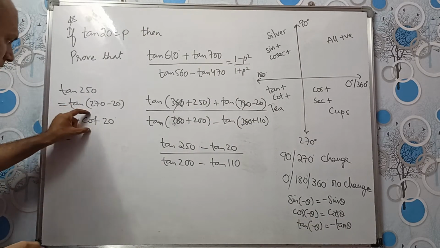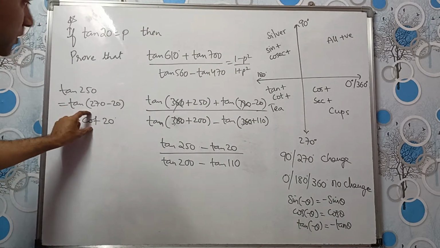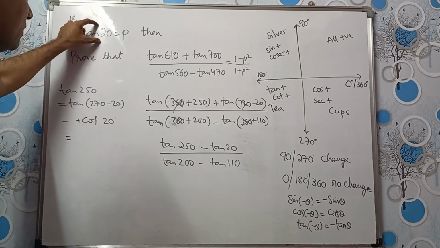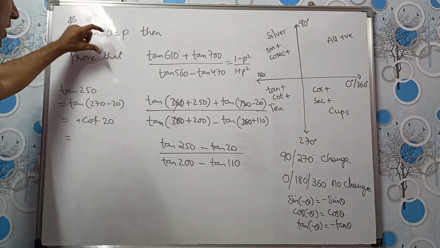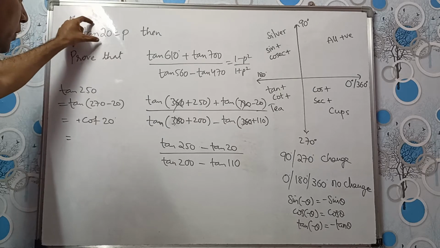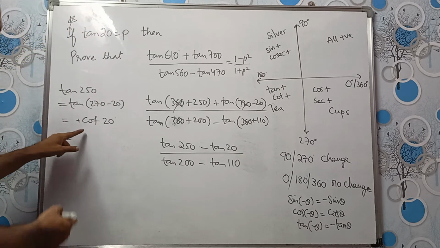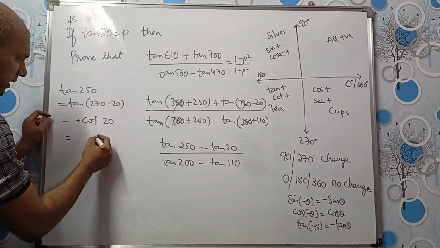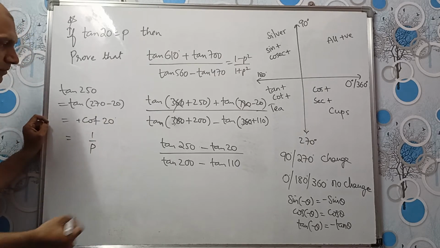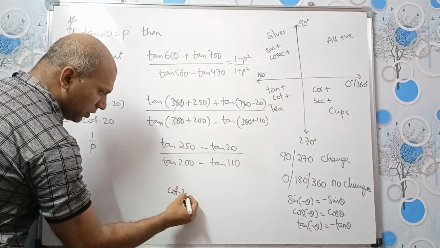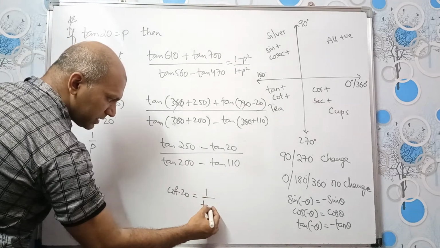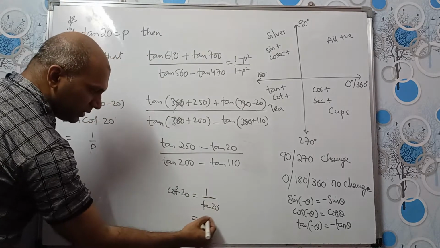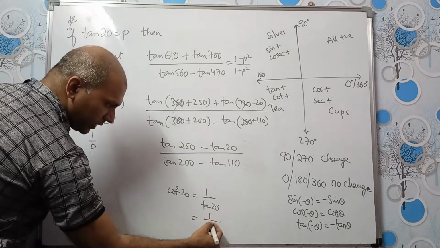Okay, but cot 20 we got, it is given that tan 20 is P. So the reciprocal will be cot 20 and it will be 1 by P, right? Okay, so this cot 20 will be 1 by P. How? See, cot 20 is same as 1 by tan 20. So this is 1 by tan 20, and tan 20 is P given.